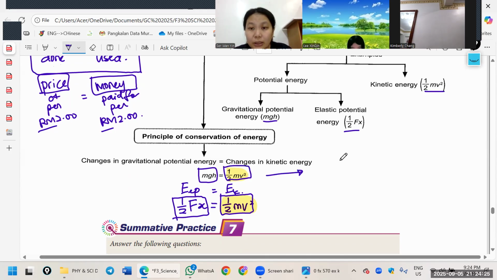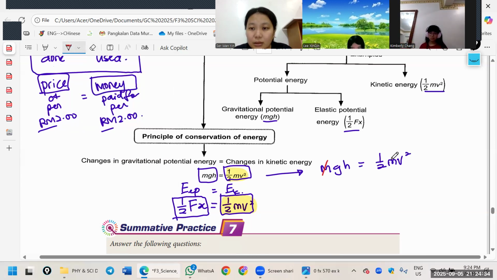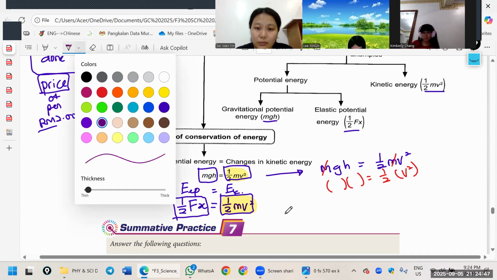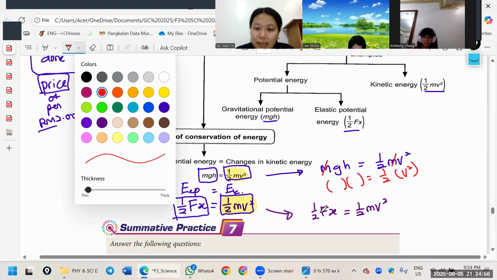So this one we did a lot just now already. If mgh equals half mv squared, what can we do? We cancel m, just substitute these two and you will get v. Then this one, if we substitute, half Fx equals half mv squared, we can cancel half.